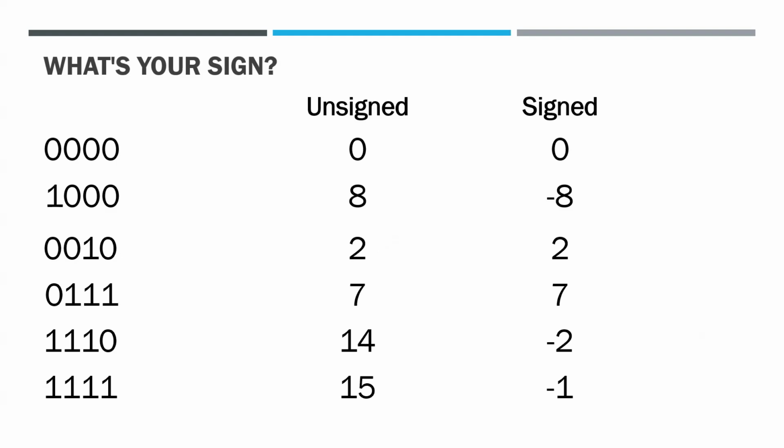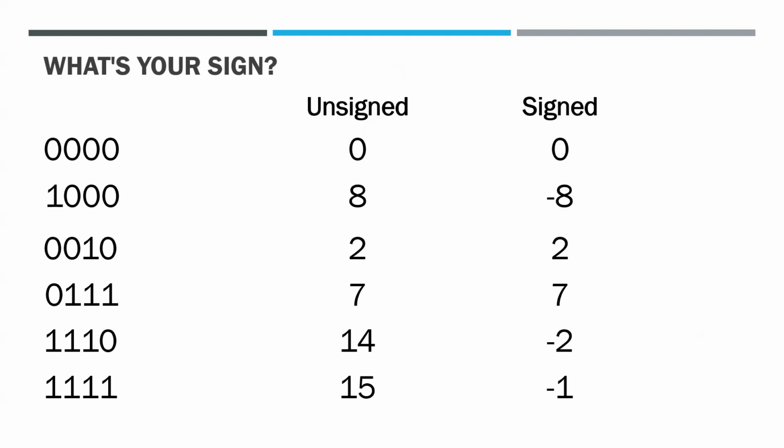Now, this is a pattern I want to teach you, regardless of the number of bits, okay? If all the bits are turned on, then the unsigned value is going to be that maximum possible positive value that we talked about, 2 to the n minus 1, right? So it's going to be 15 unsigned.